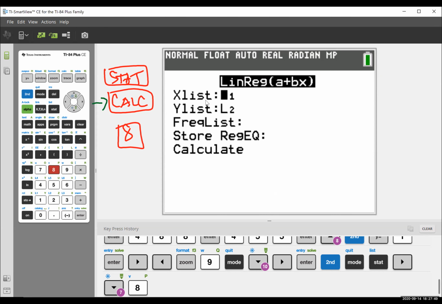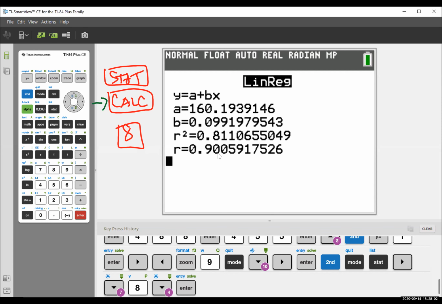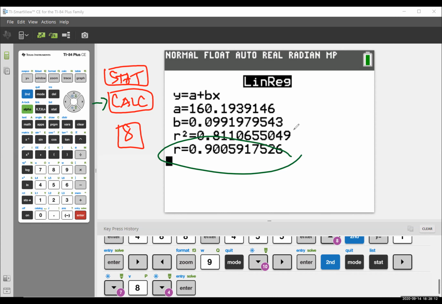Then X list, Y list. Your X is the first column, Y list is the second column. And that's the default. And that's it, just calculate and you will see R. So this is the answer.